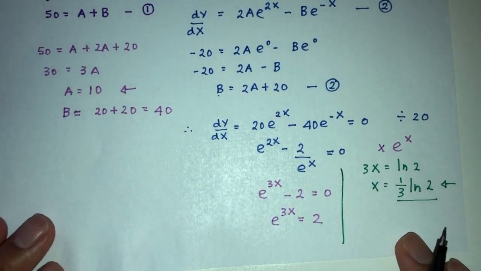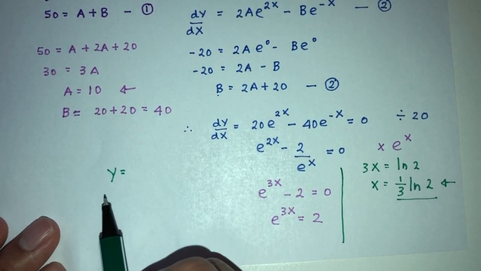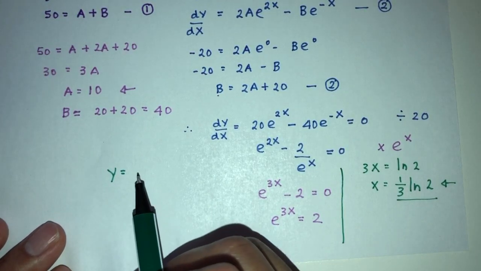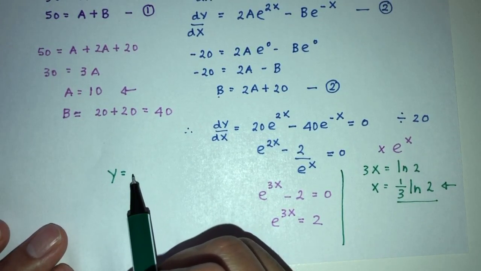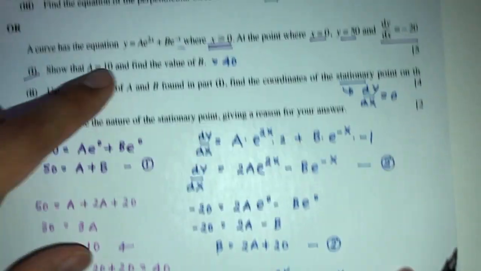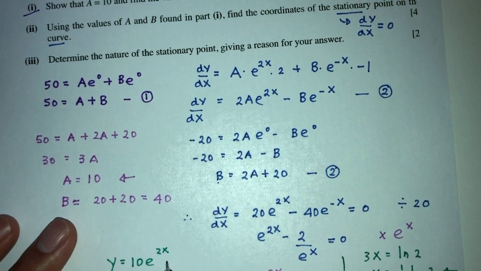Let's find the corresponding value of y. Y will be replaced back in your main equation. That will be what? So y is found to be, a is 10, according to this one, 10 exponential 2x plus b is 40 exponential minus x.